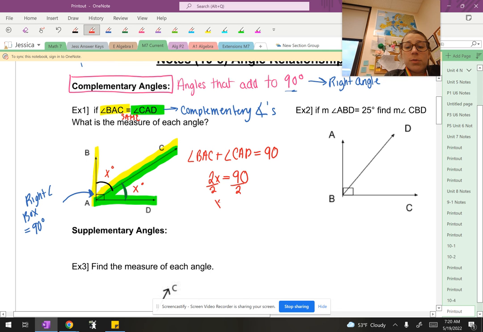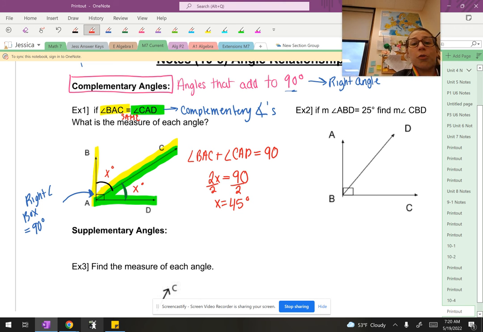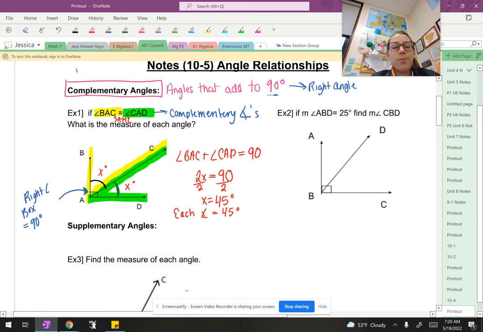Divide that by 2 to get x equals 45 degrees, which makes sense because if I go to my calculator and add 45 plus 45, that gets me 90. So the measure of each angle is 45 degrees. Just making sure we answer that question.